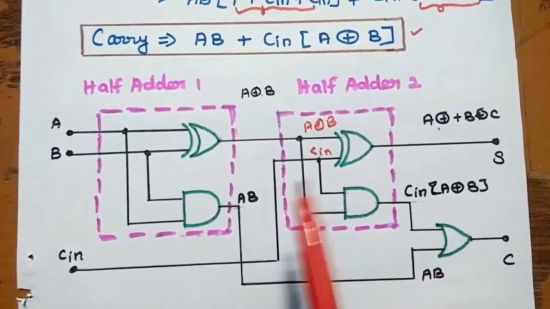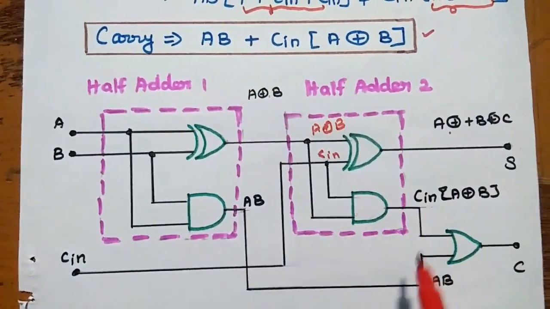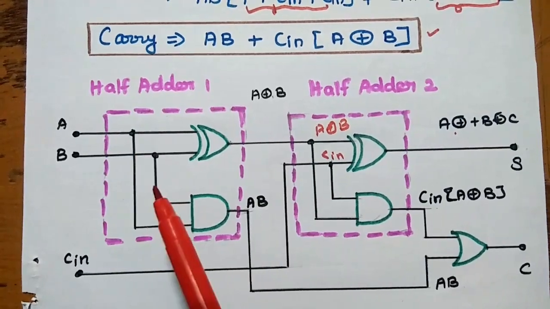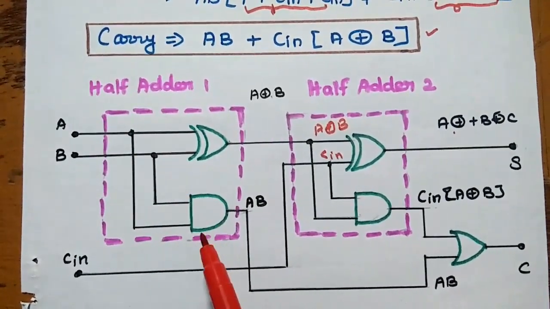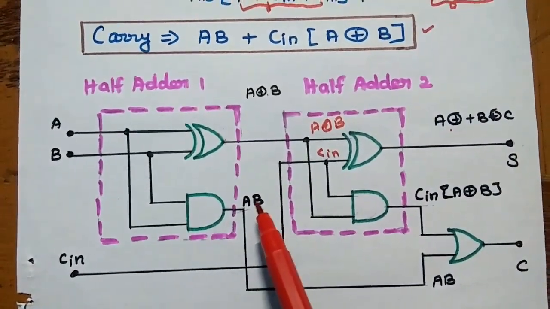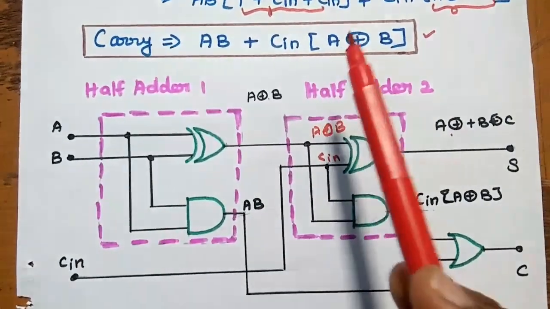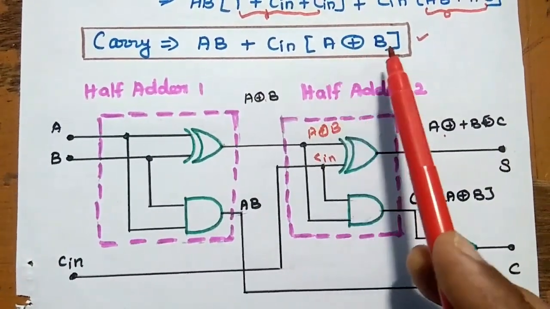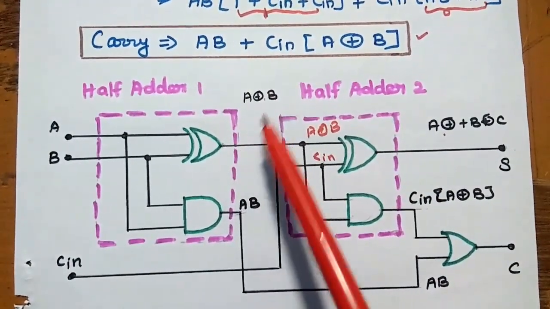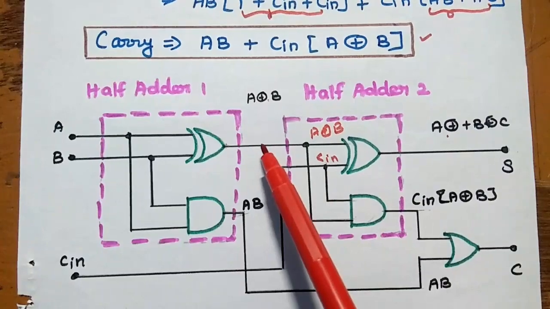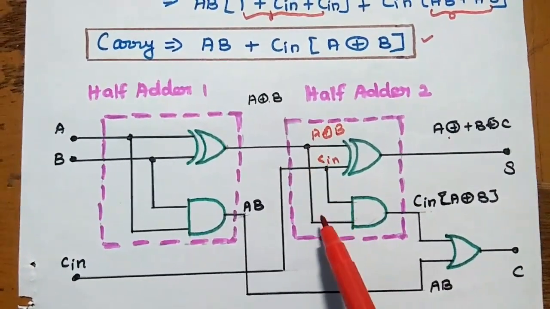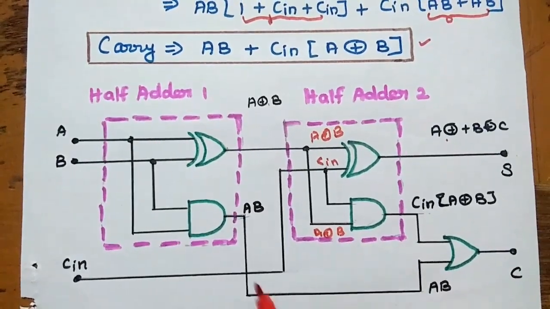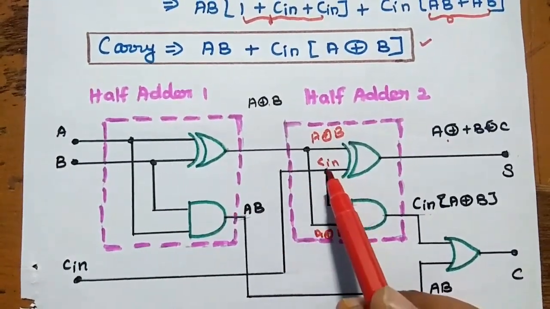Next we are going to obtain carry. For this carry we multiply A and B as such. A and B are both given to an AND gate, and we obtain AB. What is the next one? We multiply Cin with A XOR B. The output of the first XOR gate is A XOR B, which is taken here, and Cin is taken from there.